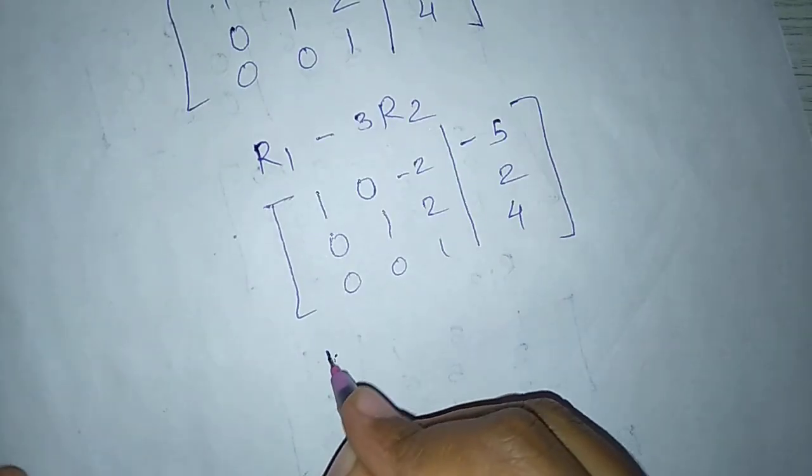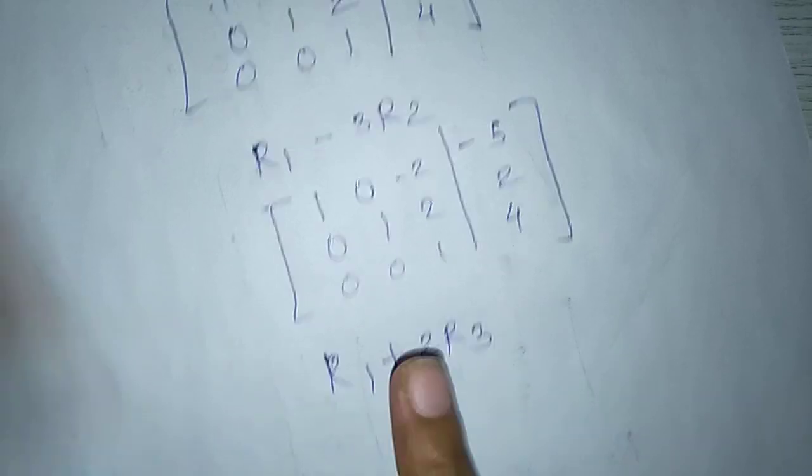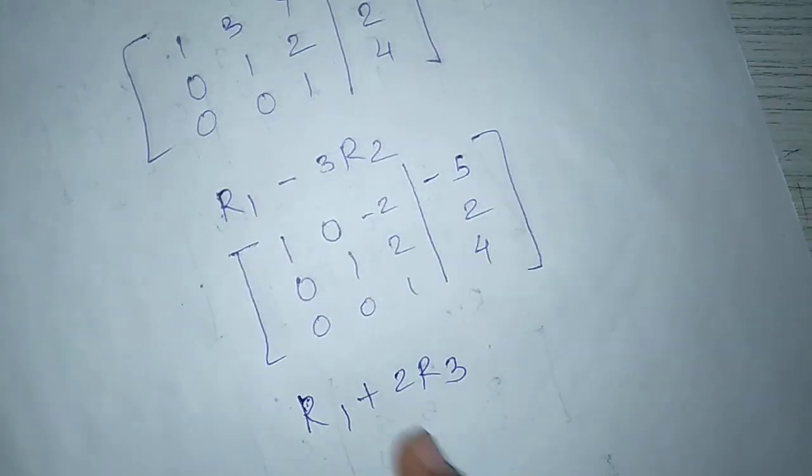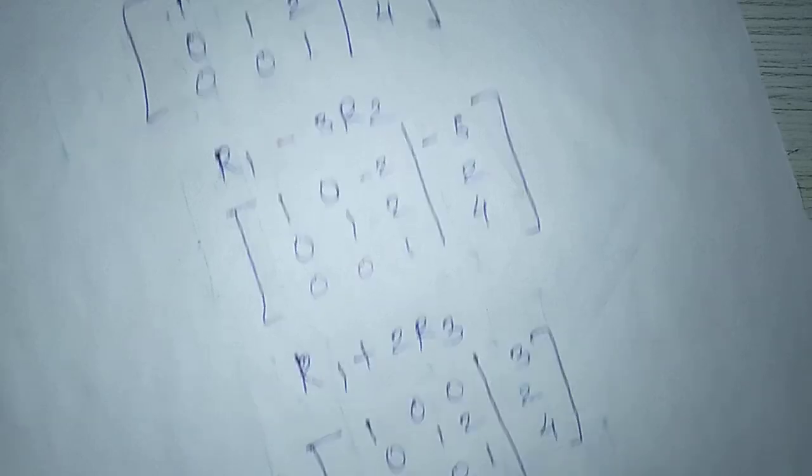Next, R1 plus 2R3, we change the first row, we get 1 0 0 3, 0 1 2 2, 0 0 1 4.